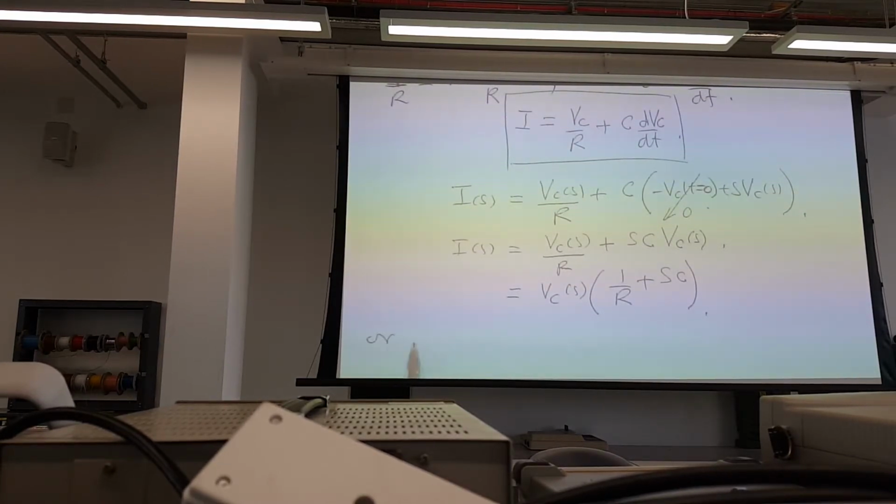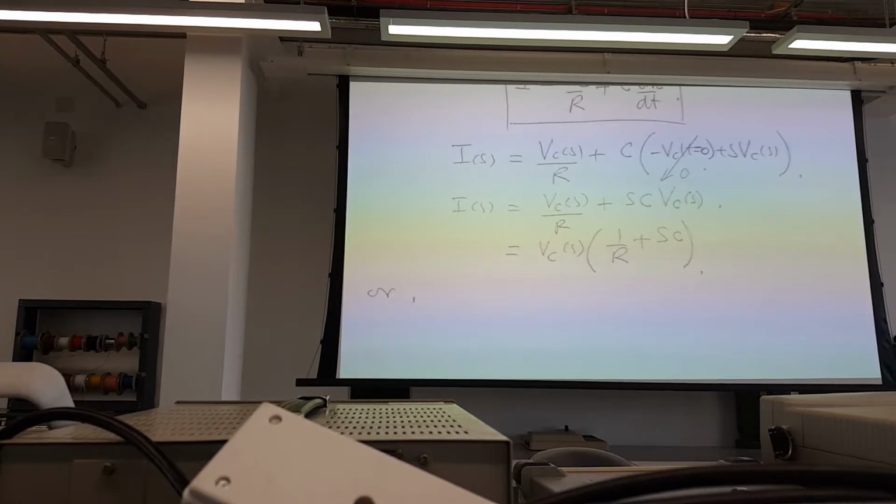Or, what we can say is that VC of S equals I of S all over 1 upon R plus SC, like that.